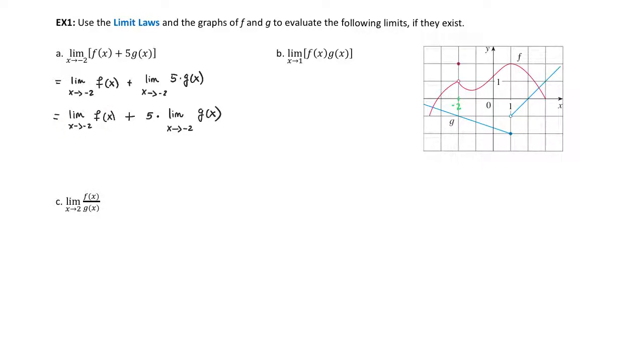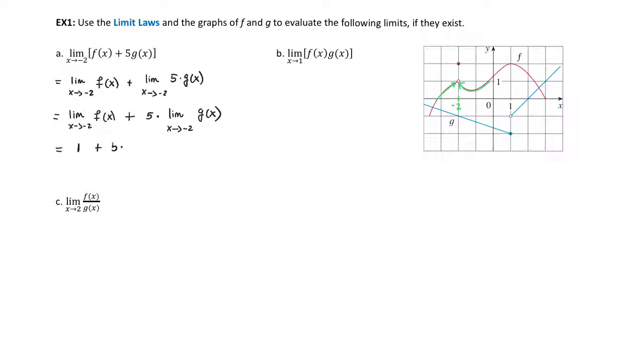This is a two-sided limit, so I have to analyze the function from the left of -2 and from the right of -2. I notice in both cases that the y values are going towards 1. So that limit is equal to 1.